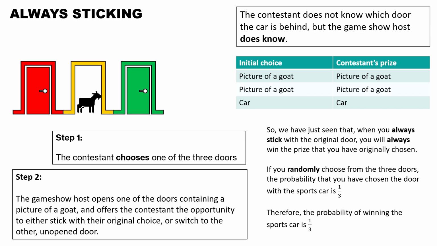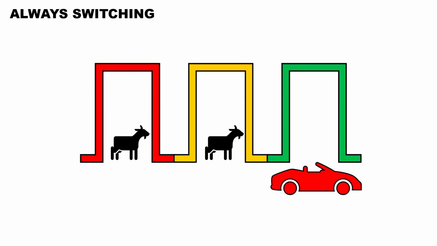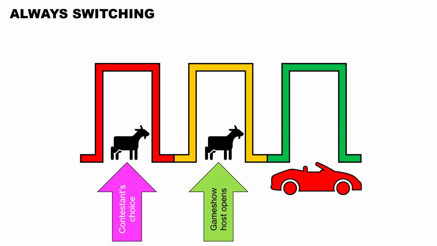The second strategy is where you always switch to one of the unopened doors. So let's do the same analysis with the doors open. If you choose the first door with a picture of a goat behind it, then Monty Hall will open the second door. You switch to the only other door that isn't open, which is the third door, and you win the car.